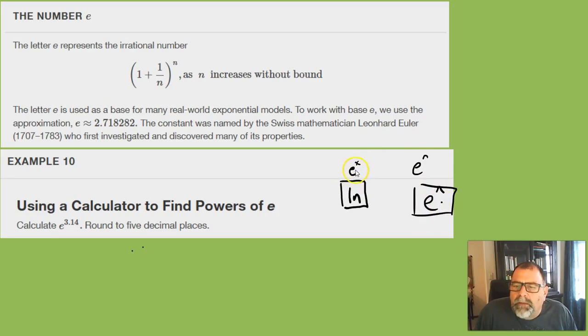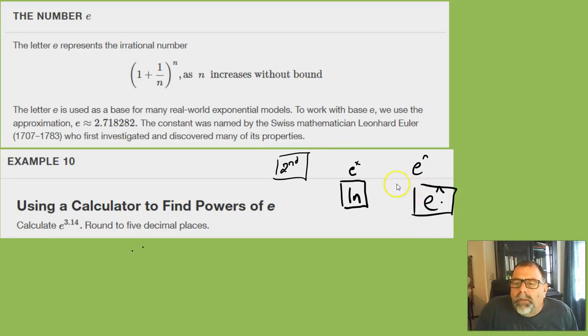If it's written above it, typically you'll have a button that says second, or alternate, or it just depends on the calculator. They all have different things.